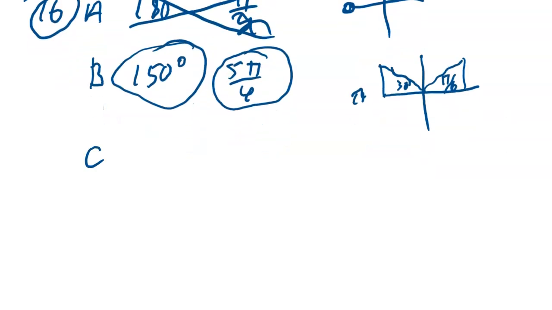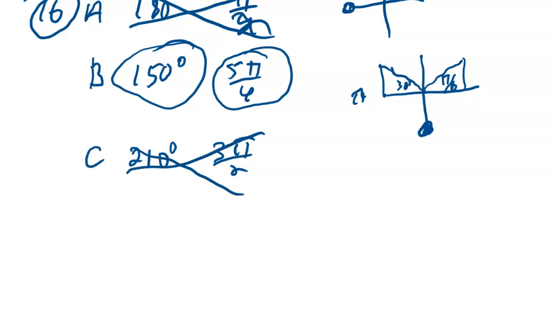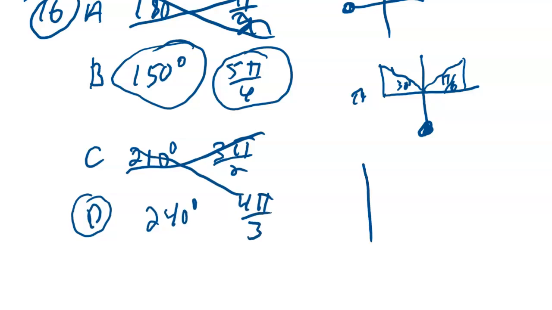C, don't know. 210 and 3 pi over 2. No. 210 is in the third quadrant, and 3 pi over 2 is here. So no. Part D, 240, and this smells like it. 4 pi over 3. Okay, so 4 pi over 3 is a 60-degree angle in the third quadrant. So let's make sure.